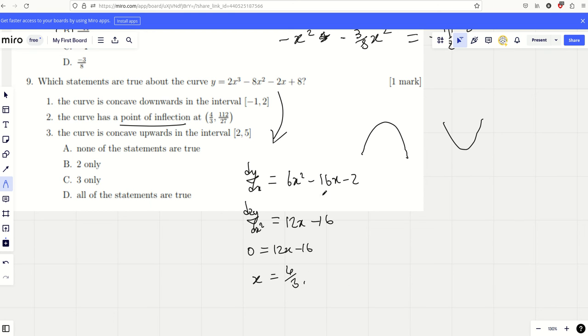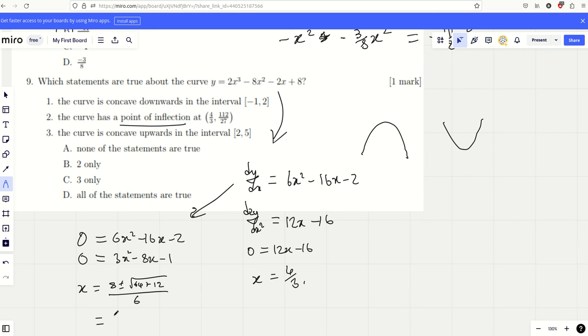And actually, if you were to solve 0 equals 3x squared minus 8x minus 1, and use something like the quad formula, you're going to end up with minus b plus or minus root of b squared minus 4ac over 2a, yeah?